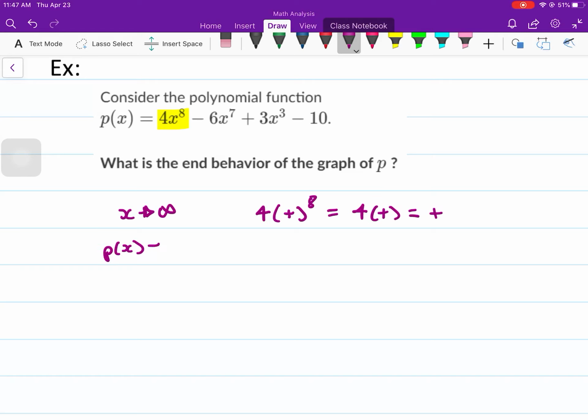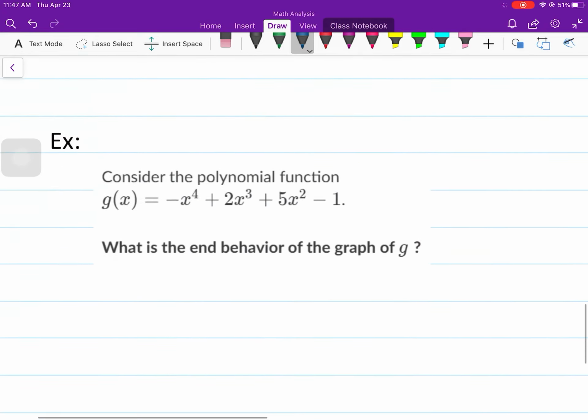So this means that p of x will be approaching positive infinity. And then for x approaching negative infinity, 4 times a negative number to the 8th, well, we have an even power there. Negative times a negative 8 times is ultimately going to be positive because it's an even power. And that's just going to be a positive number as well. So p of x will be going to positive infinity.